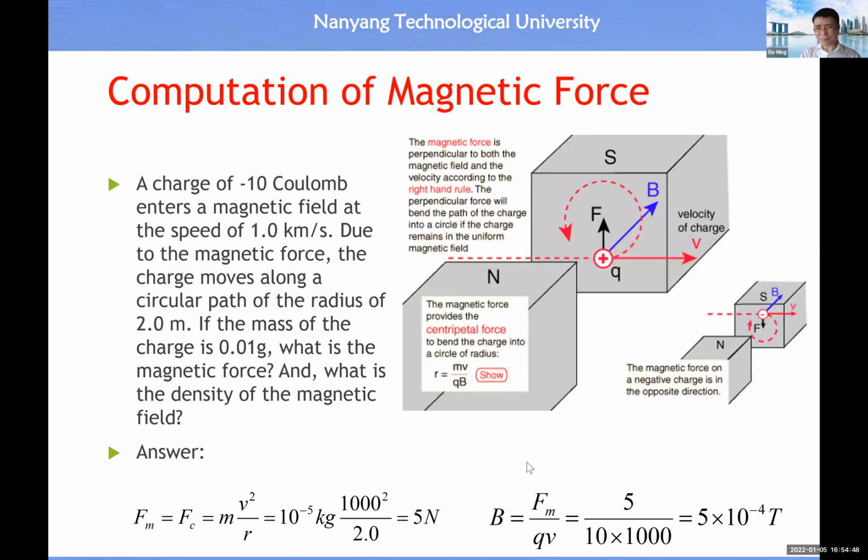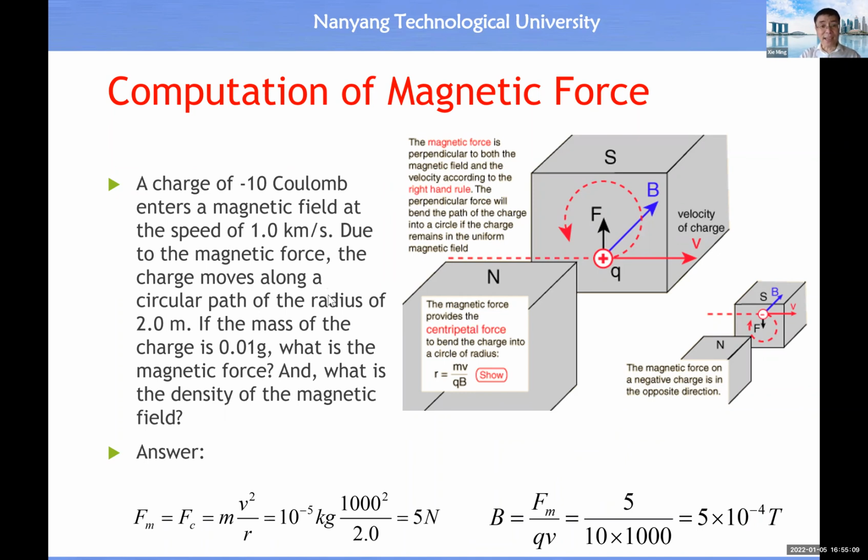Then in this case, it's also quite straightforward. Now, let's say we know a charge of -10 coulomb enters a magnetic field at this speed. The charge will undergo circular motion, so this should be the circular velocity.